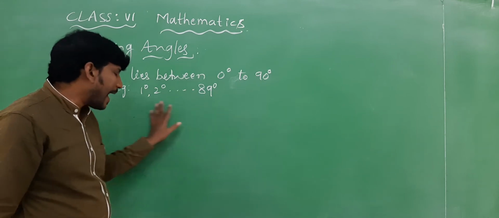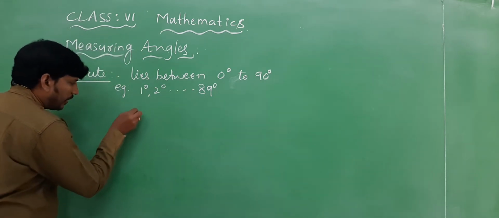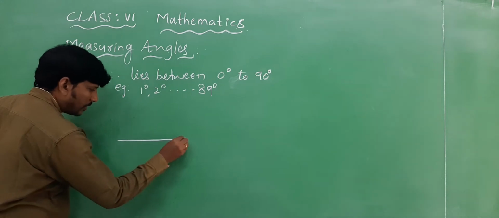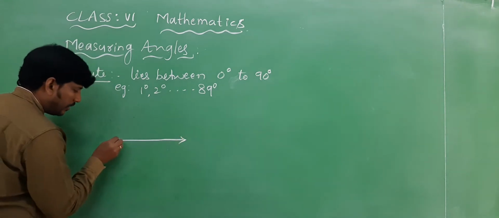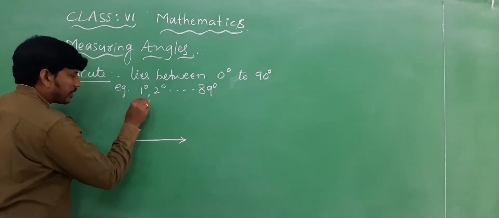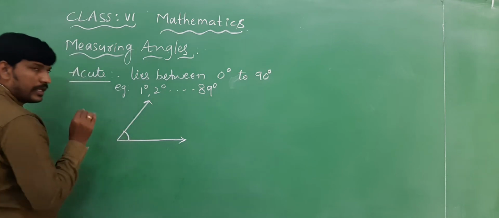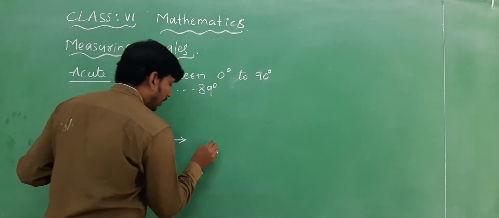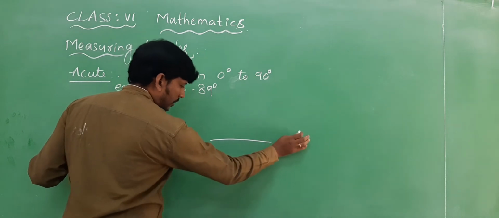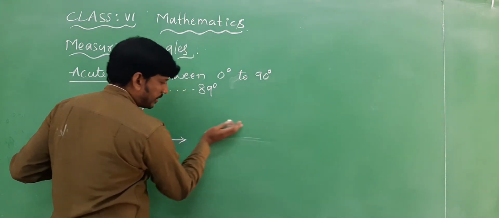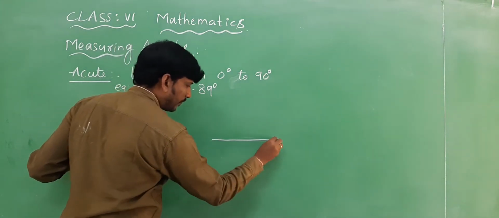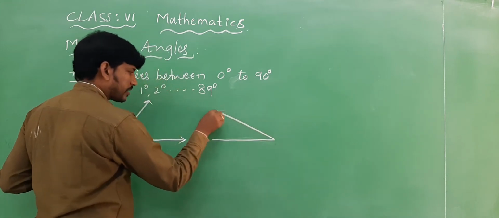Right, children? The diagram should be like this. This is a horizontal line, and it should be like this. This is an acute angle. Okay? Or you can take it like this also.